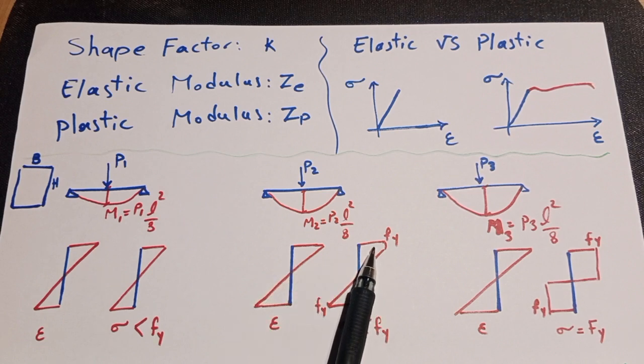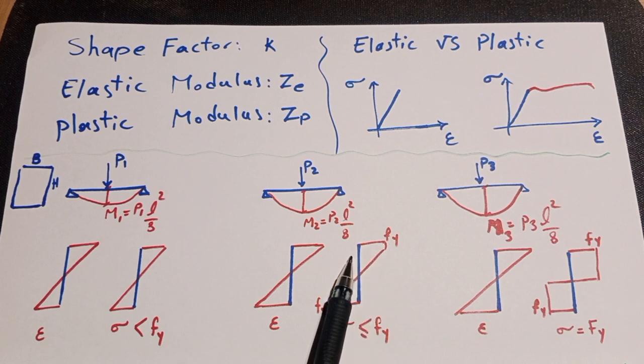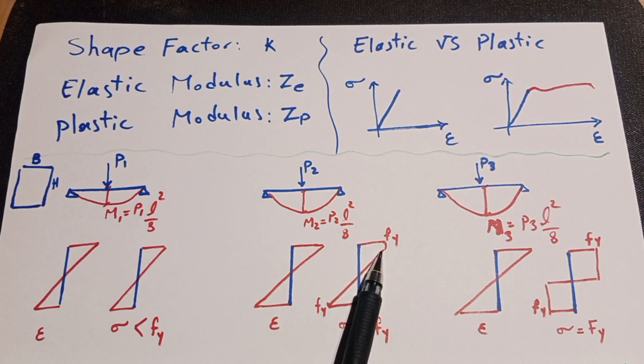But for stress, the stress reaches Fy at the extreme point, could be just one point or both ends at the same time, but the rest of the section layers are less than Fy. And remember, after Fy the stress is not increasing, it is just transferring to the next layers in the depth of the section, trying to reach the Fy limit.